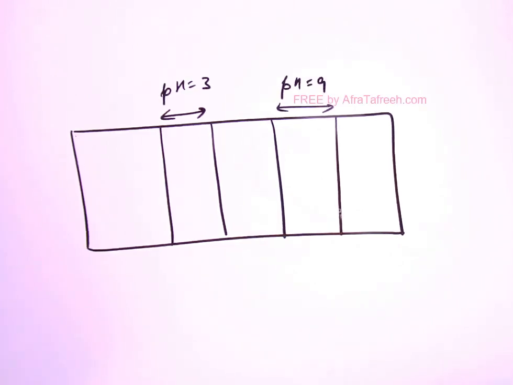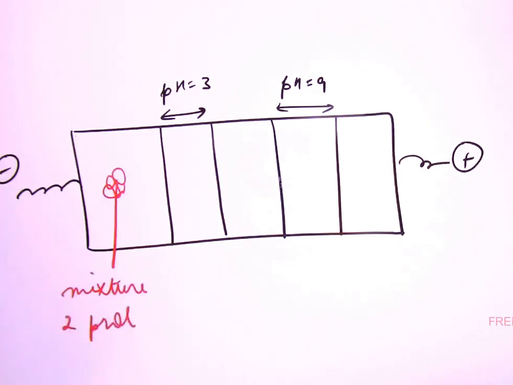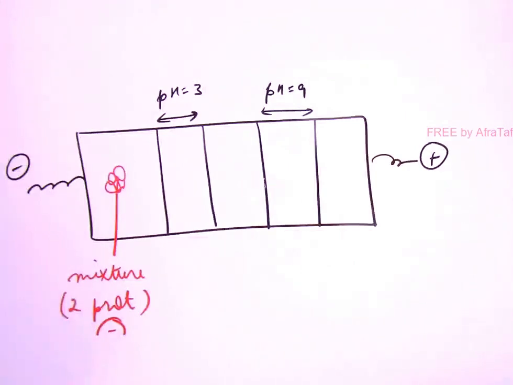One side is negative, the other side is positive. Now let's apply a mixture of two proteins on this side. Both proteins are negatively charged. So when I switch on the electric field, these proteins will start moving towards the positive end of the electrode, right?